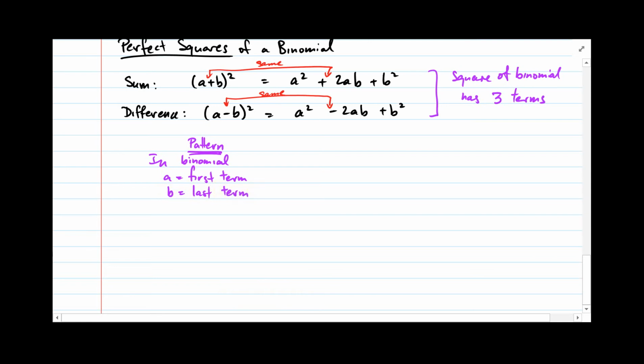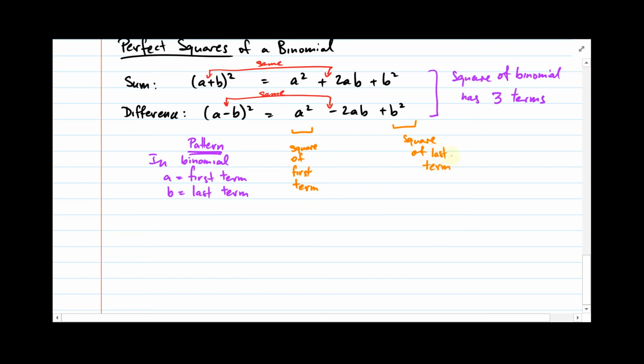Now let's look at the result. This is the square of the first term. Down here, this is the square of the last term, the b.